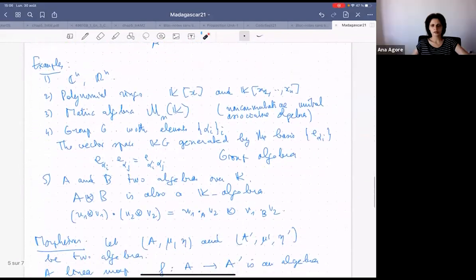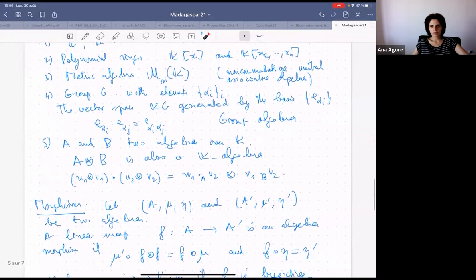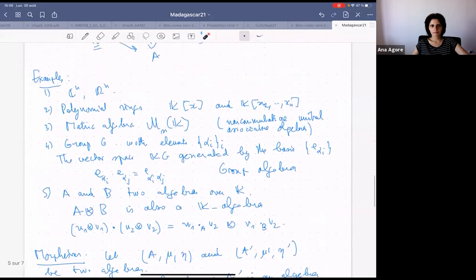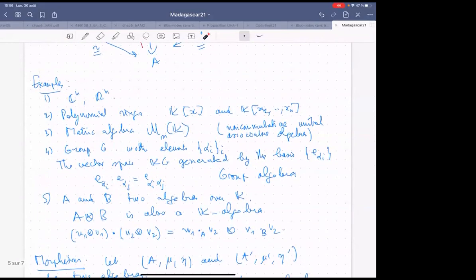Okay, any more questions, comments? Yeah, here. I have another question. You talked about an analogy between classical mechanics and quantum mechanics.